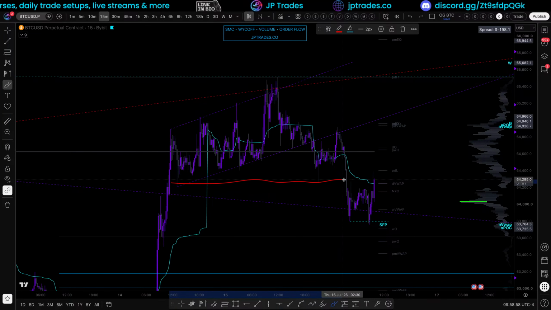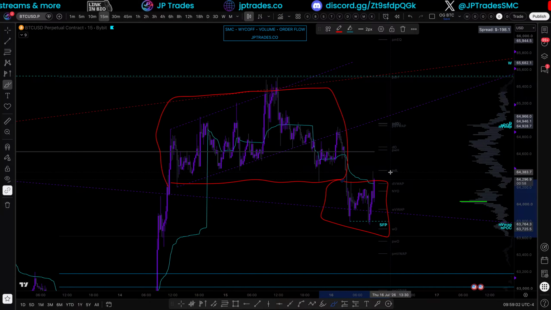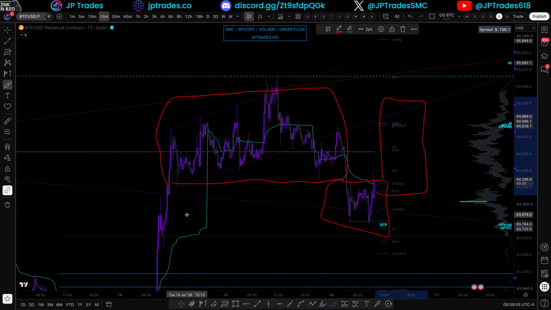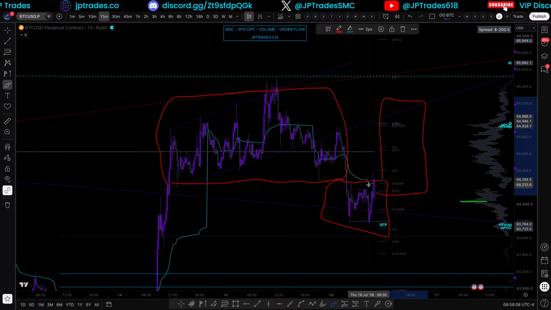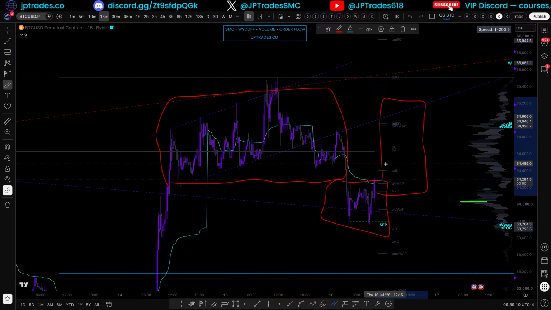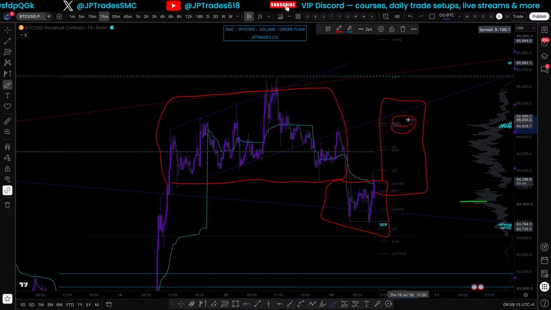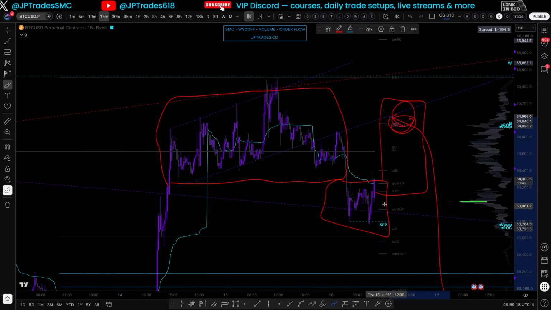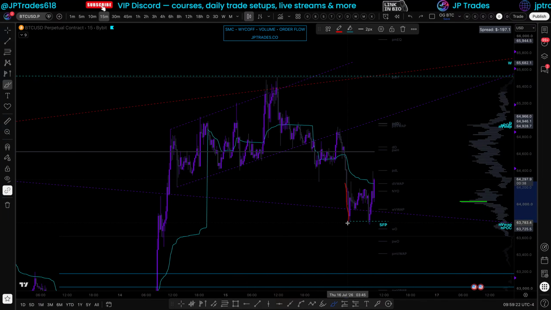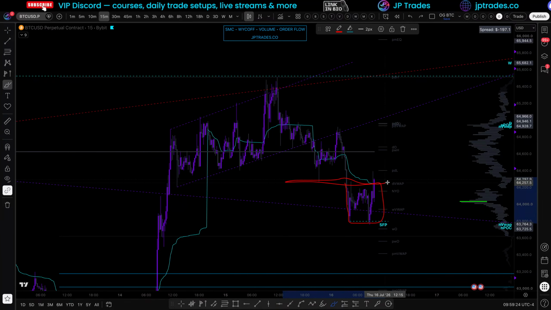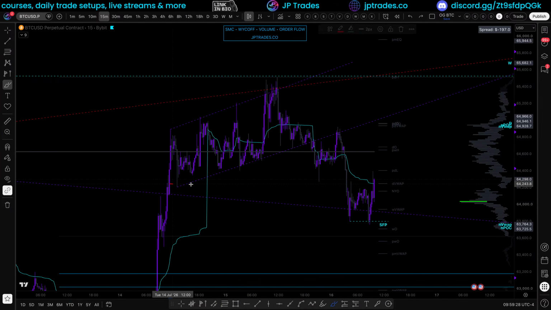See this here as a power of 3. But again, that power of 3 doesn't always have to rotate the entire range or go above that range. It could absolutely come back to this area and then go back down. But I do see that that is a nice, clear manipulation zone of these lows.